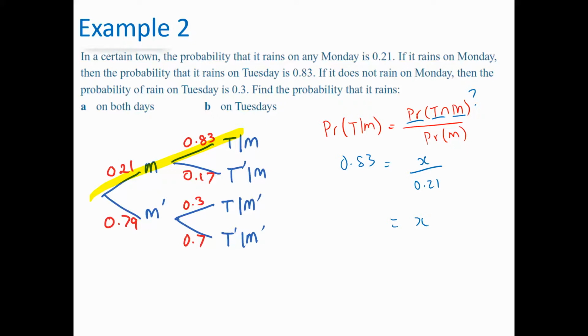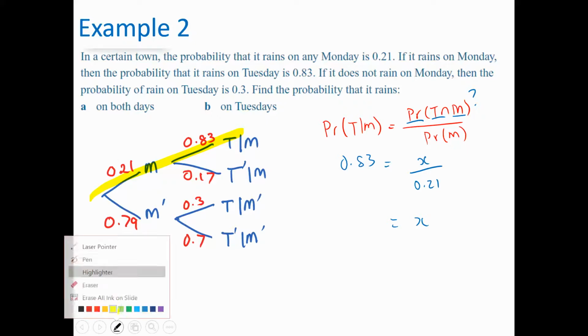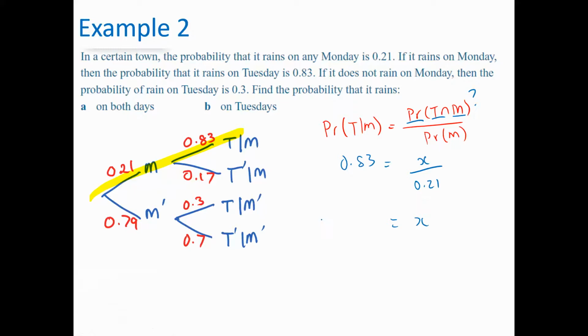If you multiply those two together, you rearrange the equation and you would get x is equal to 0.83 times 0.21, and whatever that equals to.